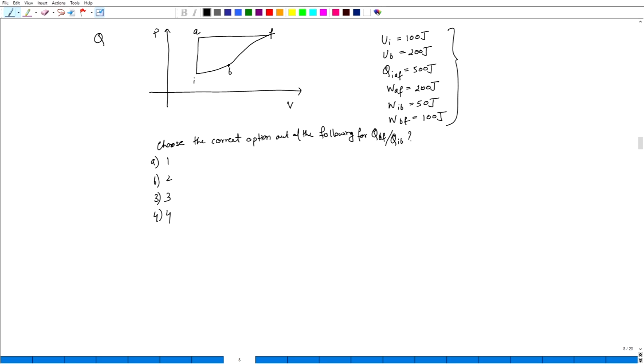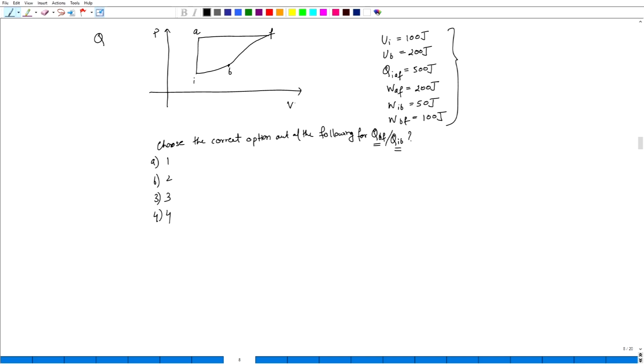As I already told you, we have everything there. We really don't need to think about how the process is going, because work is the only thing that is dependent upon the path, and work is given for all the paths. So I need to find QBF divided by QIB.